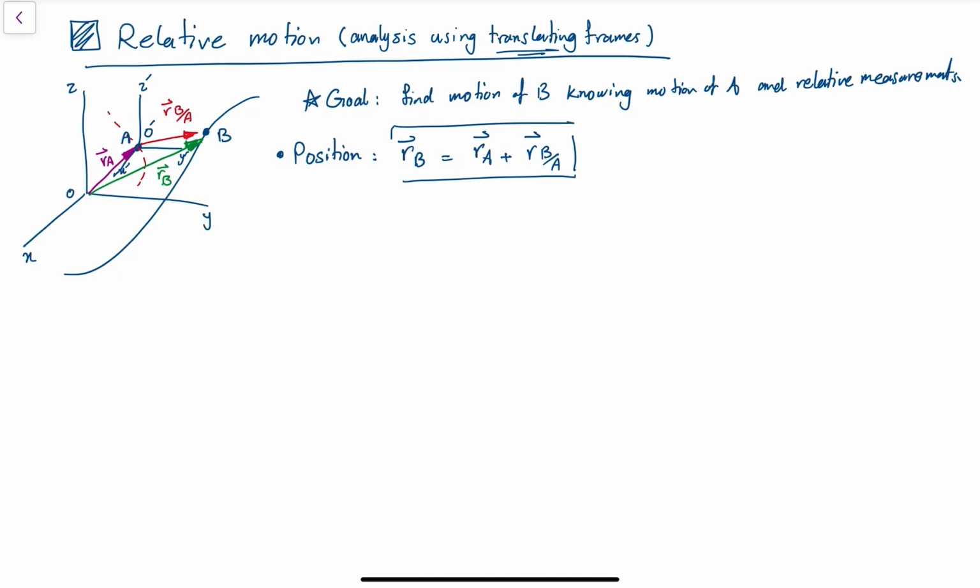If we have the relative measurement of particle B from the perspective of particle A, and known information about the position of particle A, we can uniquely and quickly find position of particle B. That's easy.